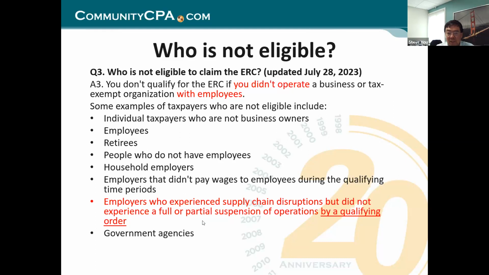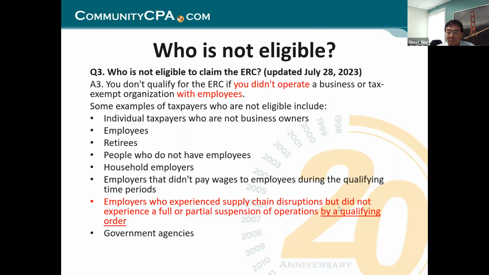So we have to identify a qualifying government order and then link your supply chain disruption to those specific government orders. So it's those government orders that either directly required you to shut down a part of your business, or required your suppliers to shut down their business, either fully or partially.